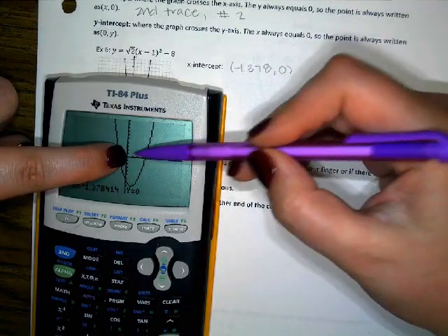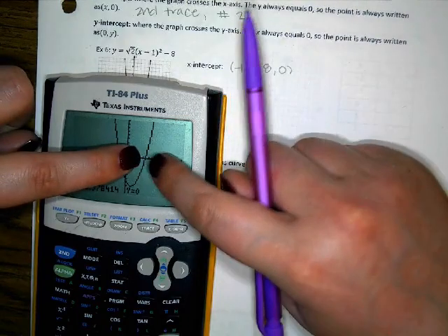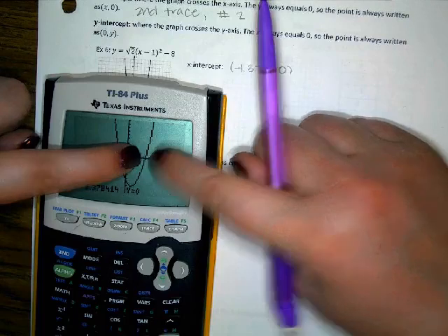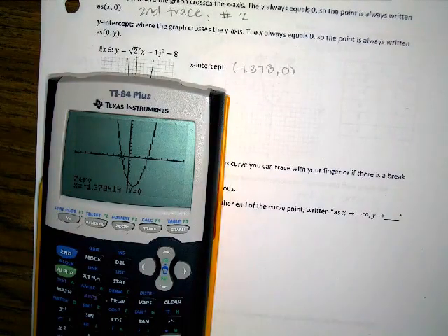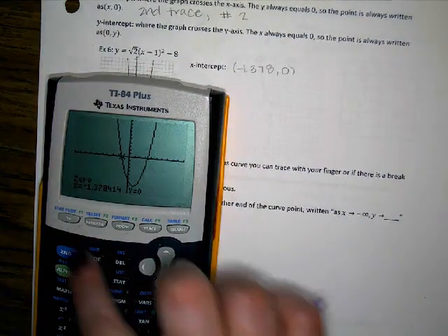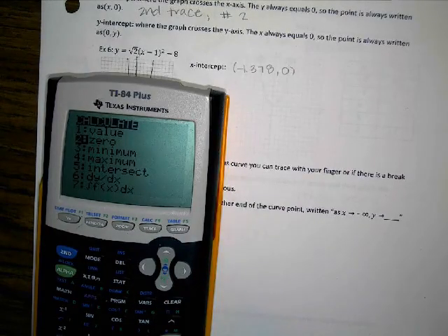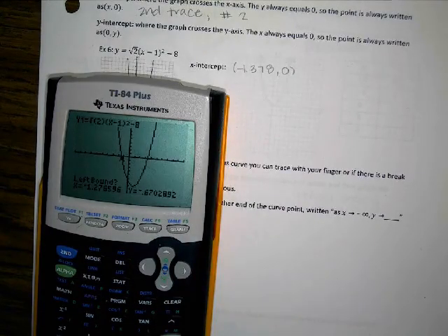So if I do second trace, option number 2, I can tell my calculator to look between 0 and 10, ignore the guess, and it will give me the answer. Or I can tell it to look between 3 and 4.